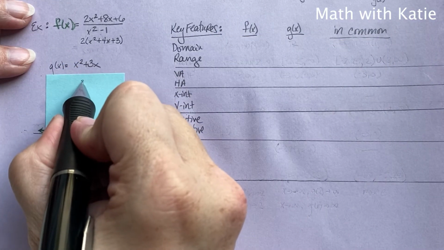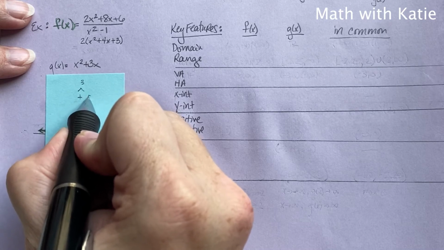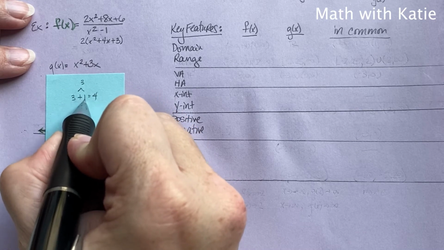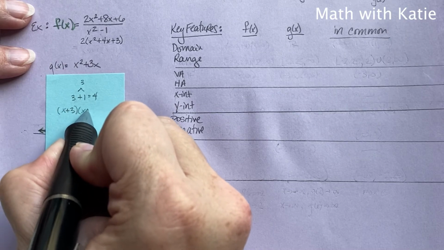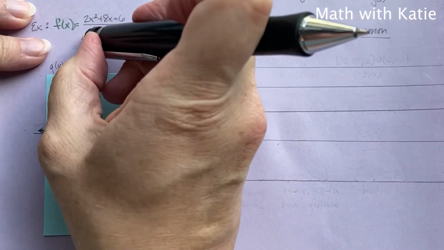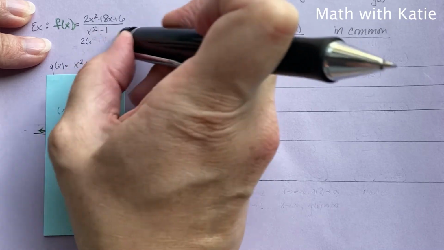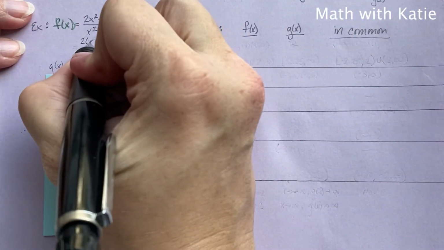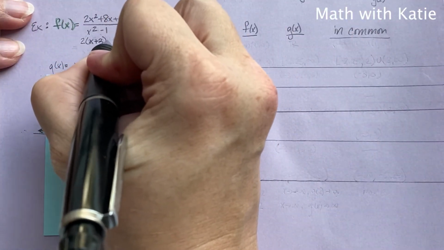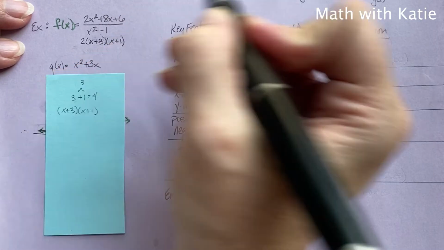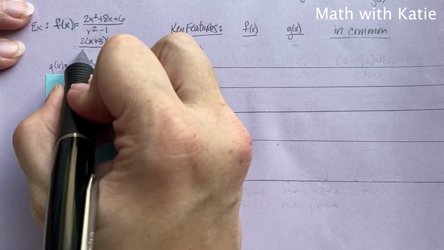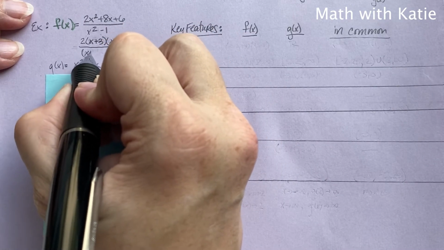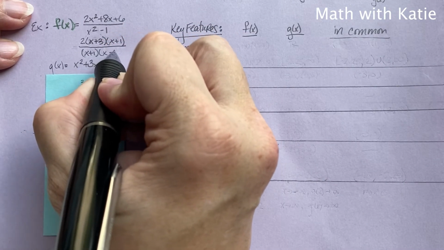Okay, what are factors of 3 that add to 4? That'll be 3 and 1. So then we know our factors are x plus 3 and x plus 1. So I'll just erase for sake of space. And the denominator, since it's our special case, is x plus 1, x minus 1.